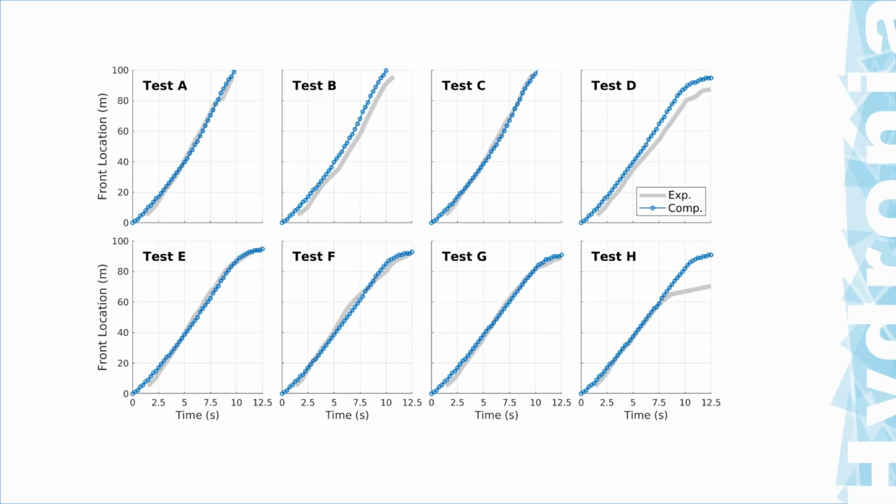Also the frontal wave location of the different tests that were conducted was very well reproduced. You can see that in the previous webinar. It's on YouTube, but if you want access to it, just email me, at the email I will provide at the end, and I will provide the link for the video.